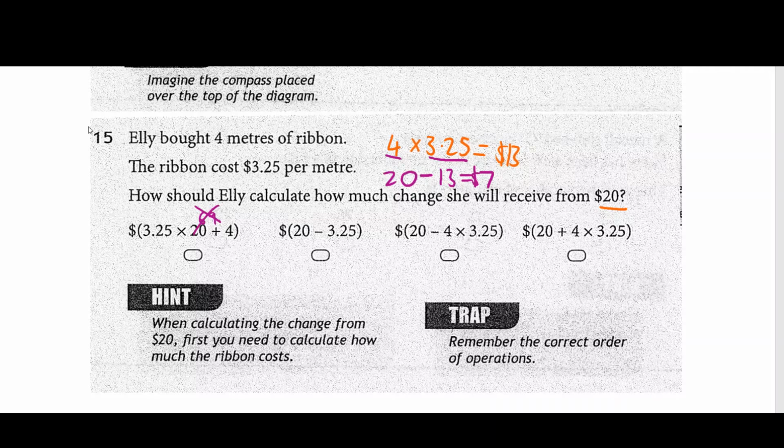So, no, that's wrong. What about this one here? 20 take 4 times by 3.25, which gives $7. That's looking promising. And 20 plus 4 times 3.25, that's $33. So no, that's wrong as well. Our answer is this one, $7.